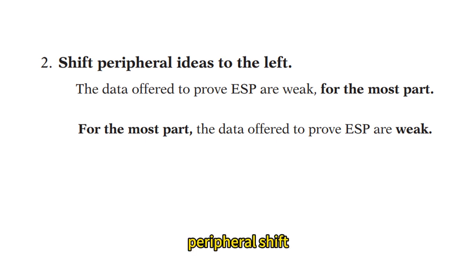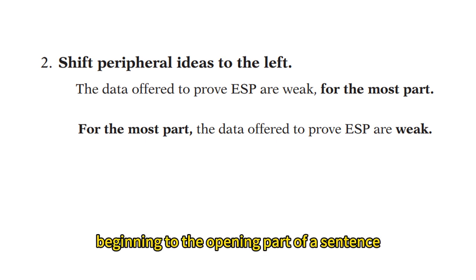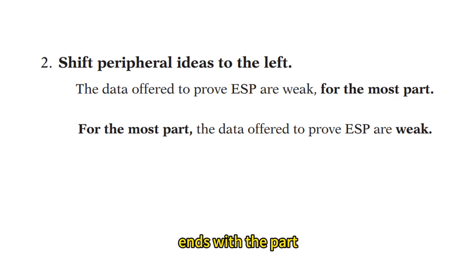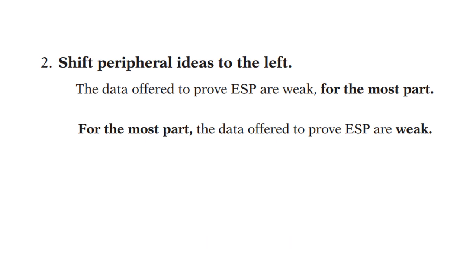Shift the unimportant ideas to the left, to the beginning, to the opening part of a sentence, so that the sentence ends with emphasis, ends with the part that should be emphasized. Meaningful, central ideas. How should we revise this sentence? What should we do?